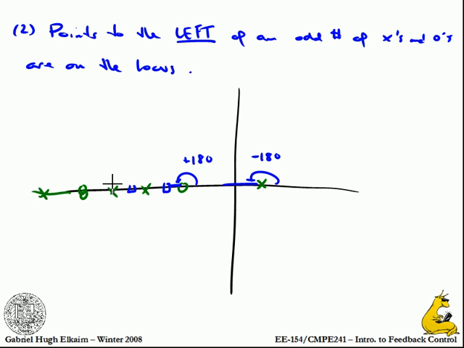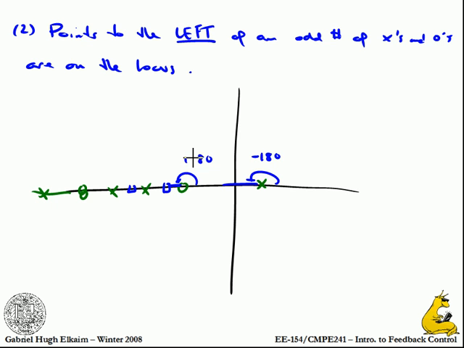I can keep going through, and basically, every time I pass one, I pick up another 180 degrees. I'm looking for an odd number. As long as I'm to the left of an odd number, the real axis is part of the root locus. When I'm to the left of an even number, then it's not.